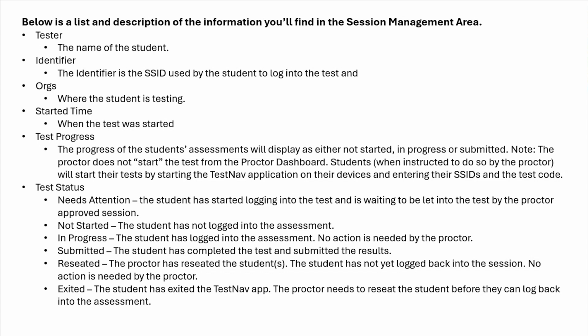You'll see progress, start time, status, needs attention, not starting, progress, submitted, reseated, exited. All that will start showing up as students start testing. You'll have to pay attention to those different processes. Remember those things I mentioned about the reseating and starting them on the first day, approving sessions.